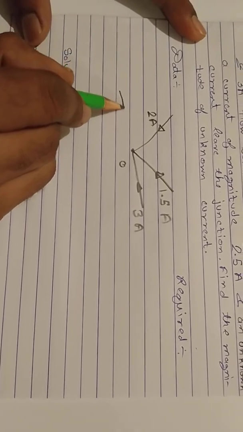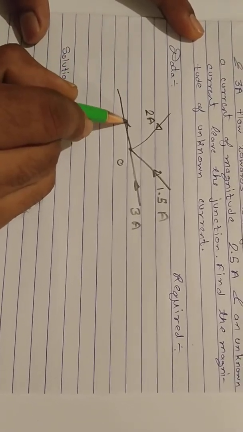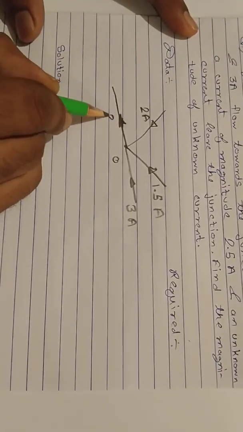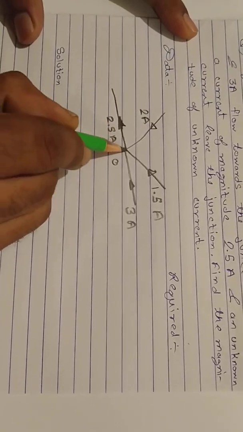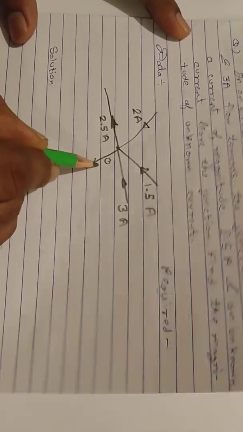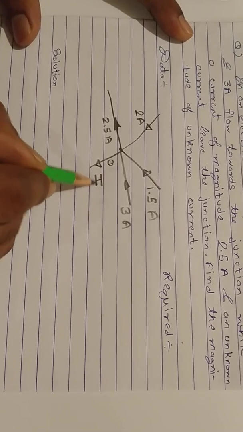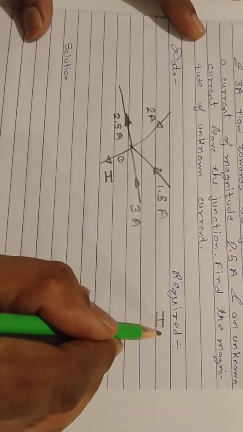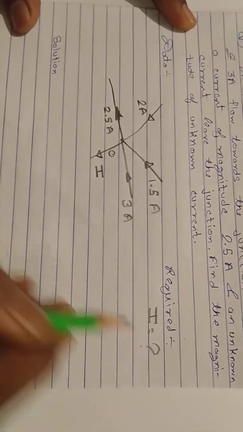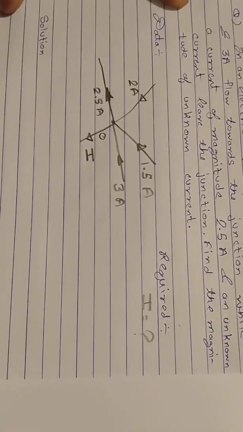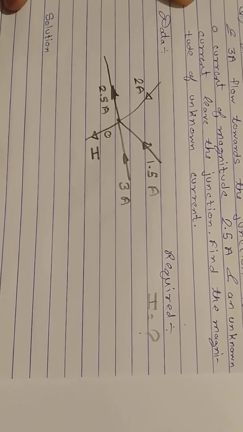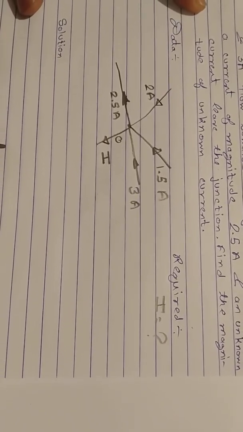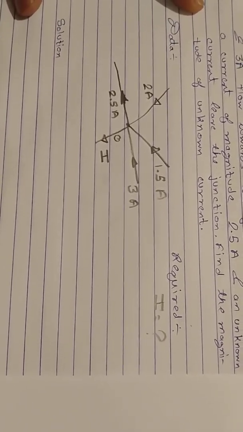And the current 2.5 ampere, and there is one more current whose value I don't know. Let the unknown current be I, whose value we have to find out. So now I'm going to solve this numerical.